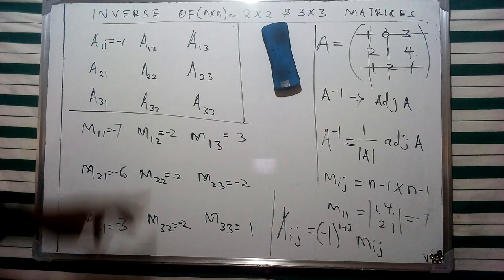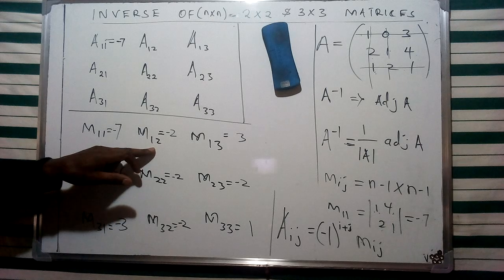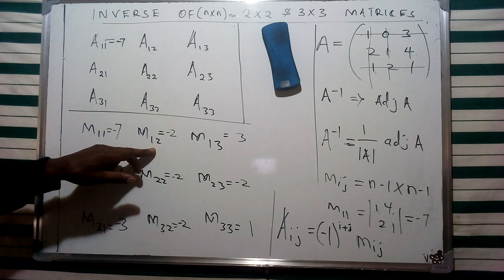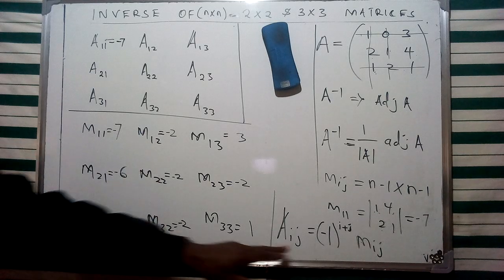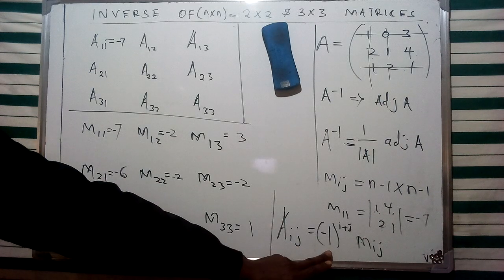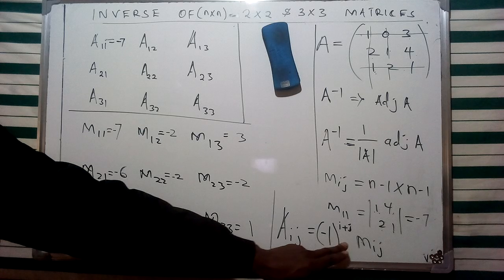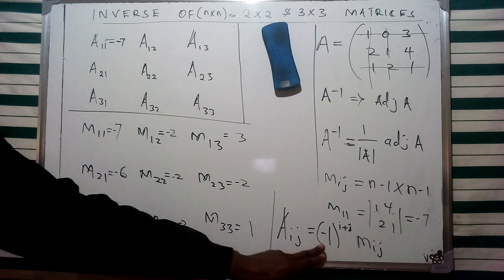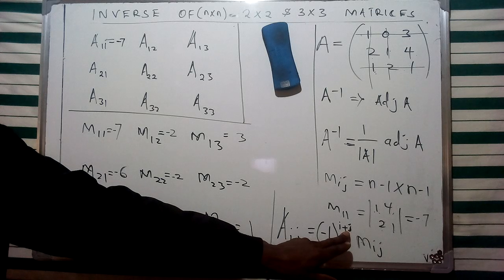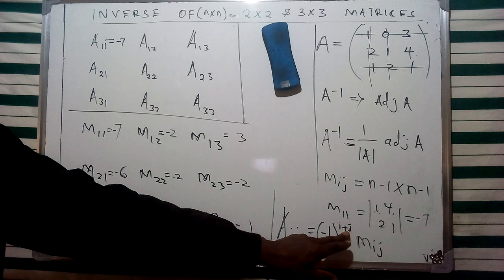So for the second one, we're going to have this specific ith and jth of a row and column. This is negative 1 raised to power 1 plus 2. This is going to be 3. So negative 1 raised to power 3 is going to give us a negative value, which is negative 1.